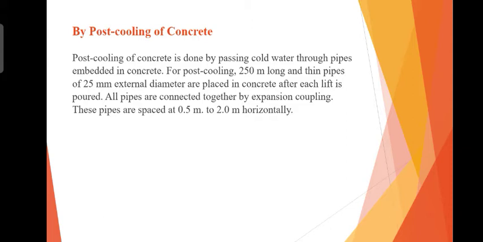These pipes are spaced at 0.5 meter to 2 meter horizontally. After completing the concreting of one block of the dam, cold water is immediately passed through the pipes at a velocity of 0.6 meter per second and continued until the mass concrete temperature falls to the local temperature. To measure the temperature, a resistance thermometer is installed in the concrete mass.